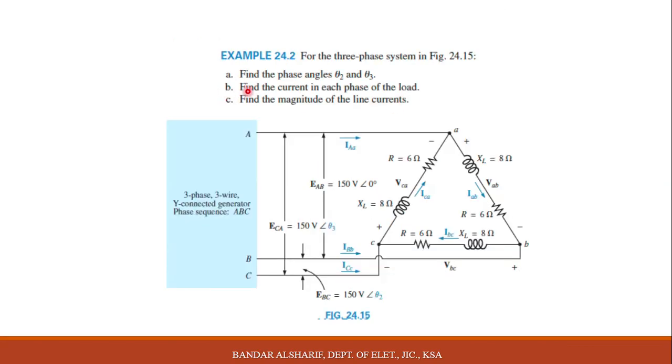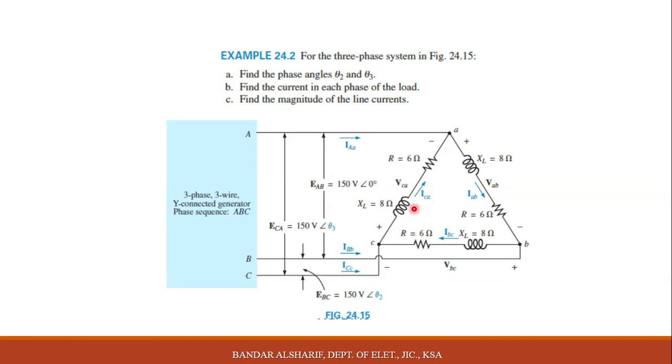Okay. Part B, find the current in each phase of the load. We need the currents here, IAB, IBC, ICA. How to find this? We will divide the voltage across the impedance, which is the phase voltage, by the impedance.